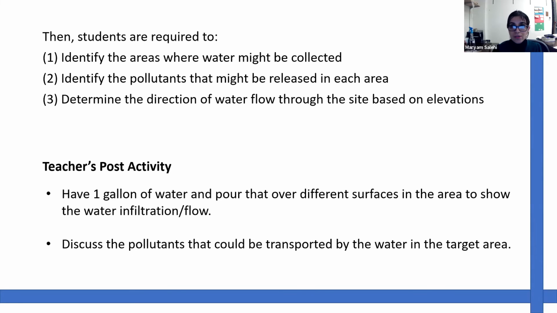After all of the discussion and documentation by students, the teacher can pour 1 gallon of water on different surfaces, and they can follow the water flow through that area and see how water infiltrates through the surface. They can discuss the impervious and pervious surfaces, and the types of pollutants that are transported by that water. Okay, any question for this?